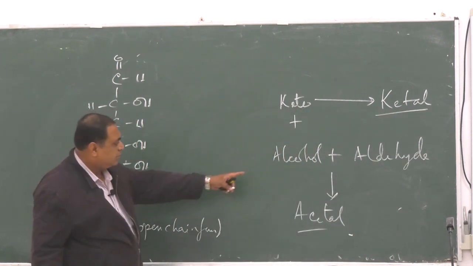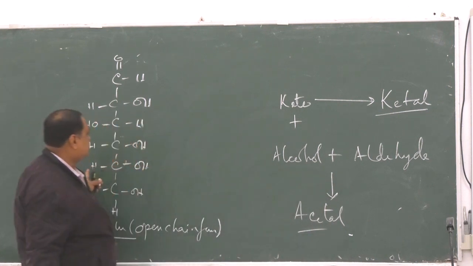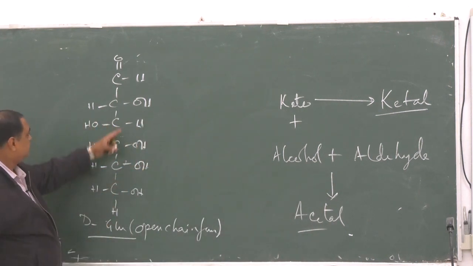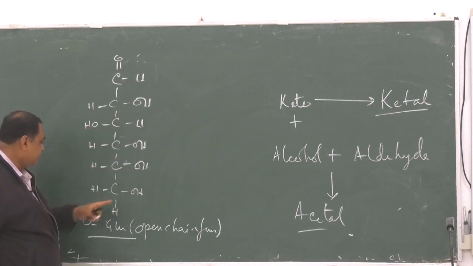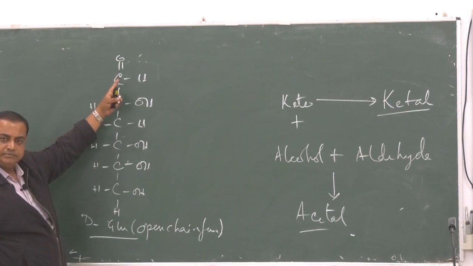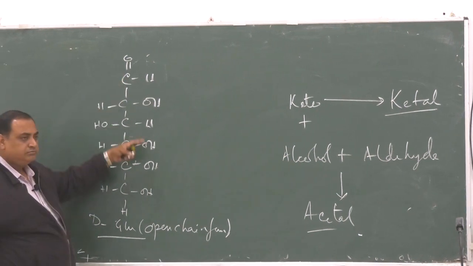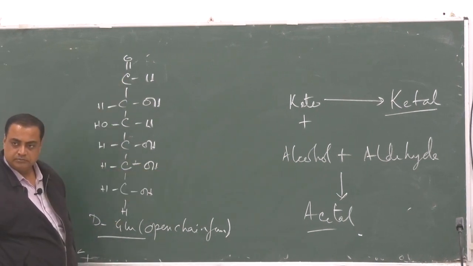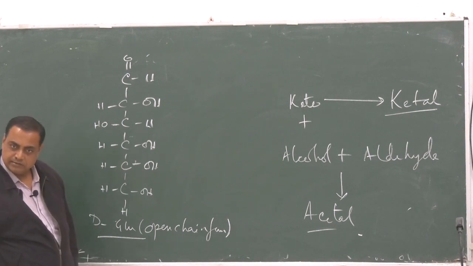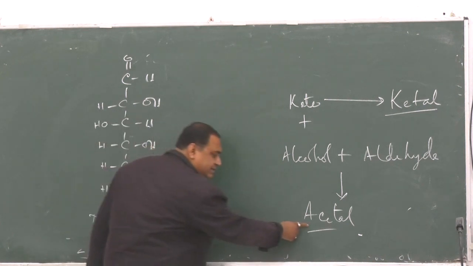Do we have alcohol and aldehyde in this structure? Yes. 1, 2, 3, 4, 5. 5 alcohol and 1 aldehyde. So can they form? Yes. Can we call them acetal?